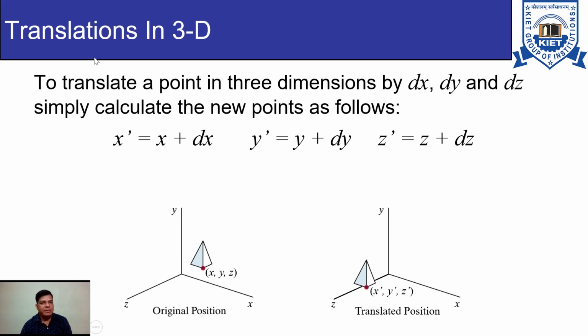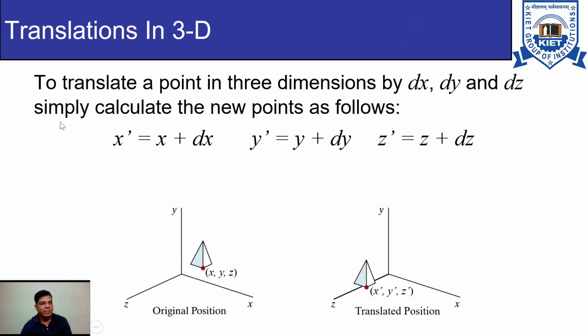So in three-dimensional transformation, to translate a point in three dimensions by dx, dy, and dz, we are changing the position of the object along a straight line path, and the object is a three-dimensional object. The changed positions can be described in the form of translation vectors dx, dy, and dz.